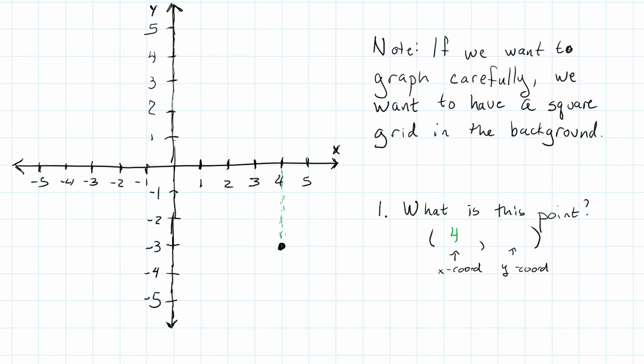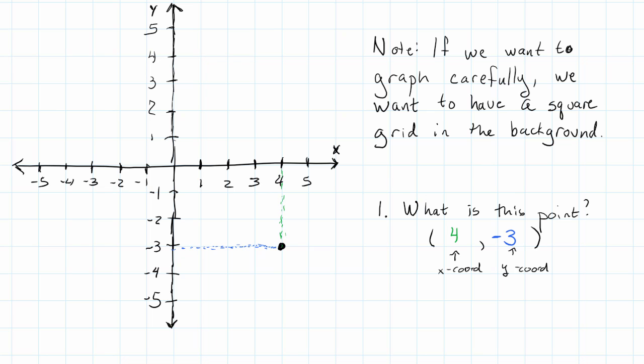For the y-coordinate, we want to see how far up or down we are. We want to match this point up with a point on the y-axis. And we see that this point matches up with y equals -3.